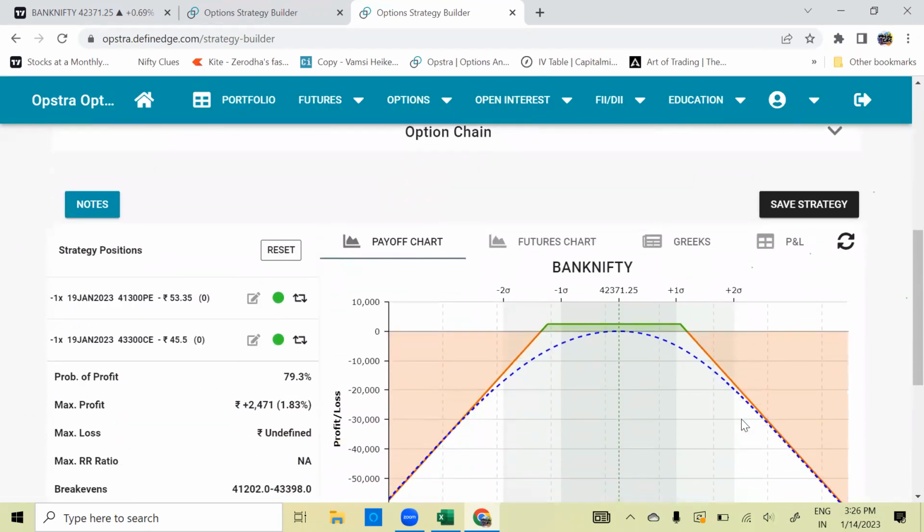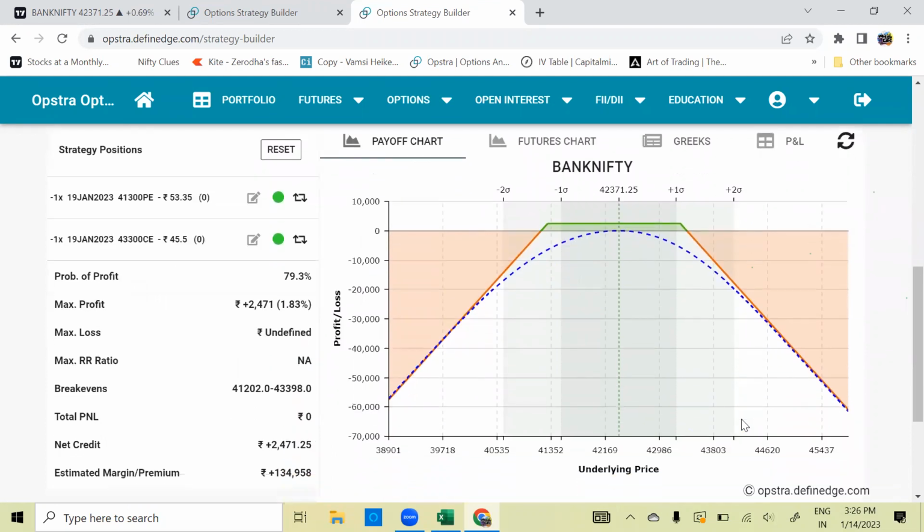So this is a normal naked strangle. Iron condor means we will just add some buy legs. So here the payoff is coming like this. If I do iron condor, the loss limit will also be defined. So here max loss is showing as undefined.